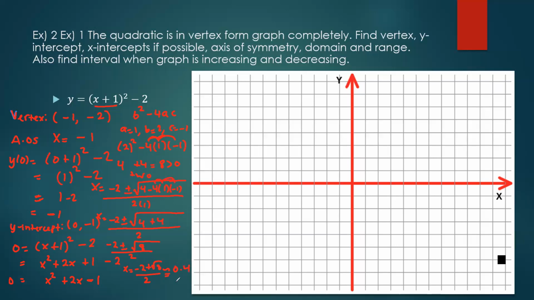The other one is x equals -2 minus radical 8 all over 2, which is -2.4.